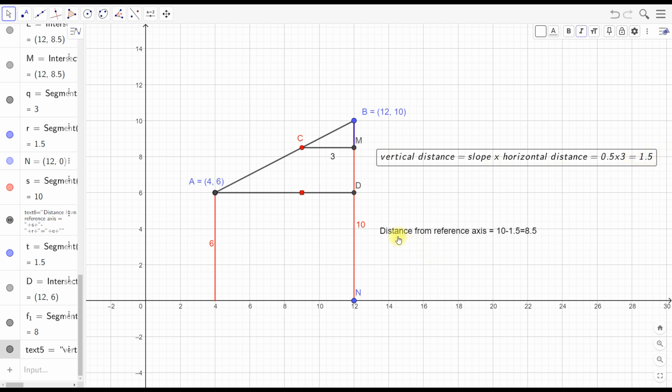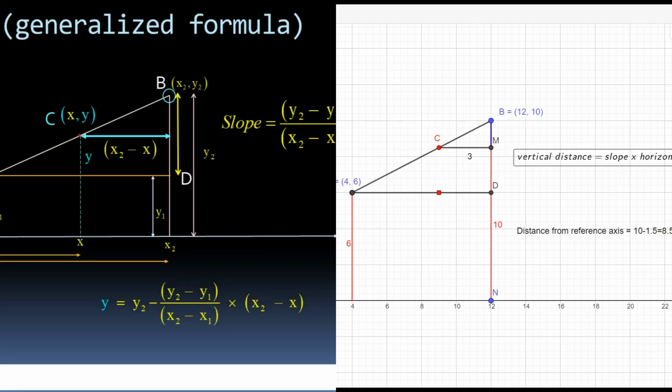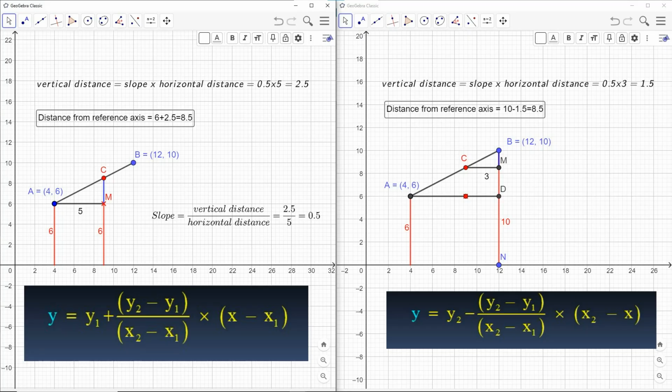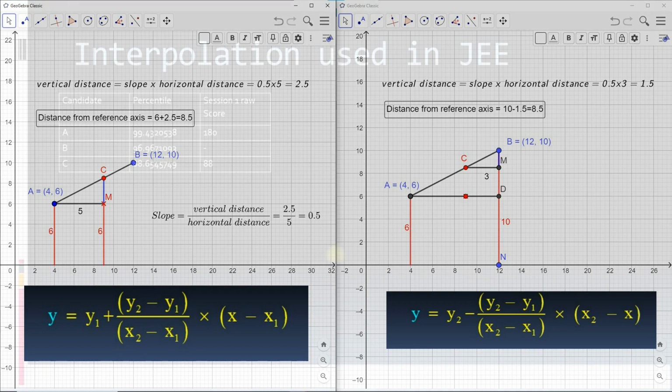Therefore, y will be 10 minus 1.5, which is equal to 8.5. So we get the formula y is equal to y2 minus slope into x2 minus x. Again, applying the formula directly, we'll get y equal to 8.5. Seeing both side by side, we can see that we can get the interpolated value from either horizontal distance.